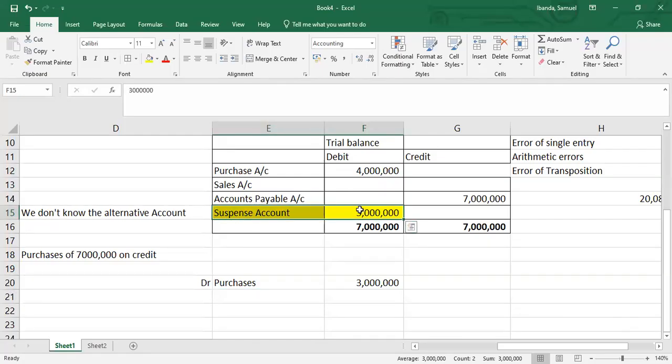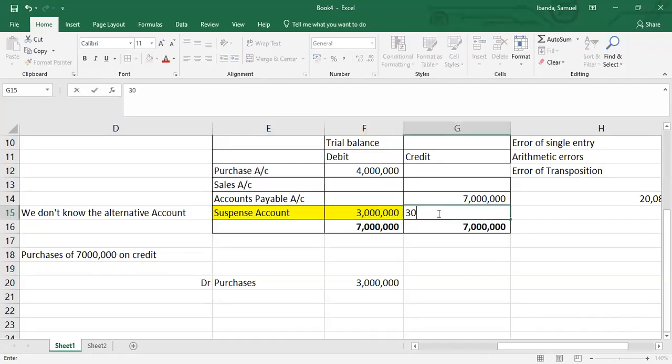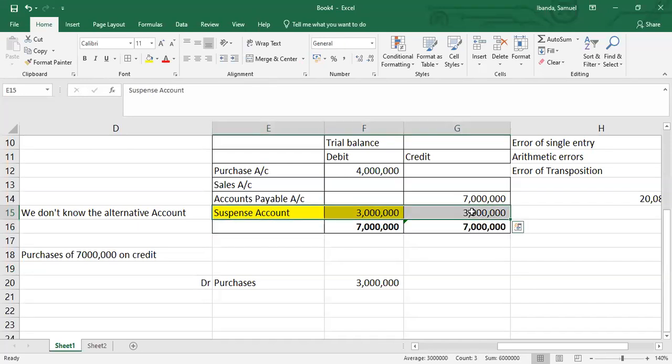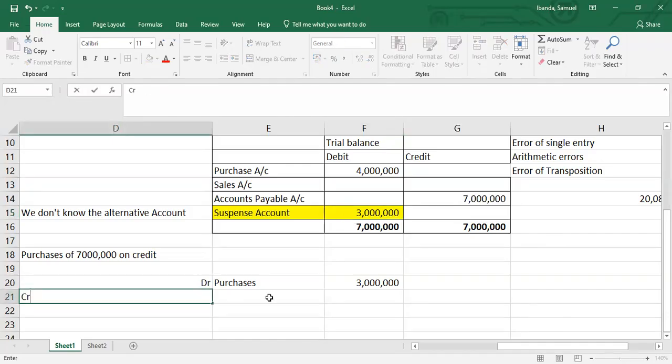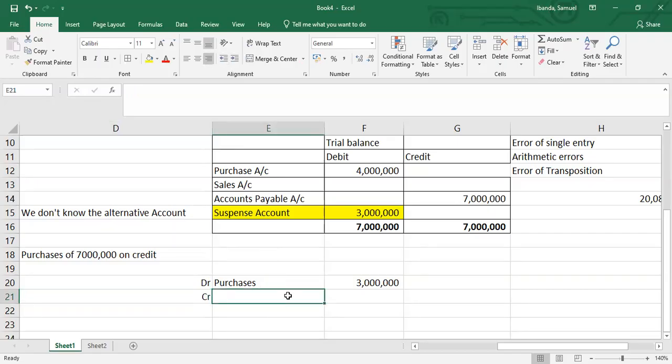Now, as you can see here, the suspense account is on the debit side. How we can do away with it, just like any other account, is that when you credit an account with the same figure that is on its debit, this account dies away. So if we want to do away with this suspense account that has something on the debit, we shall definitely credit our suspense account.